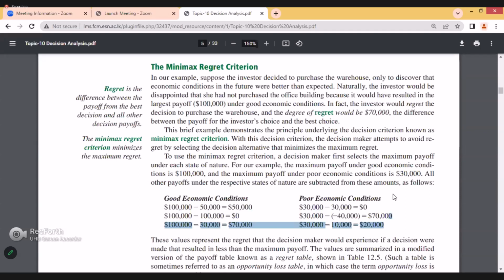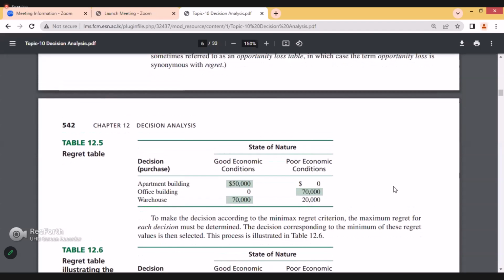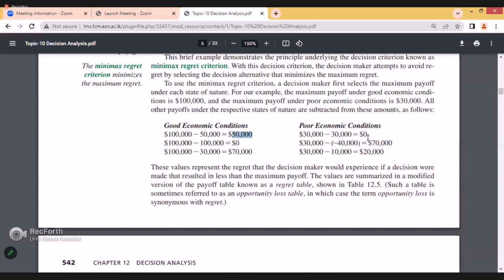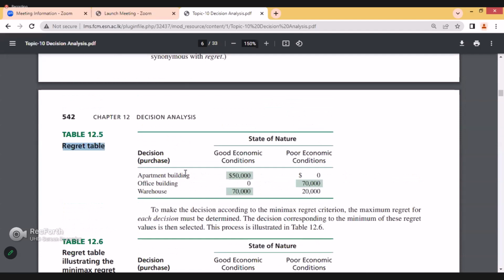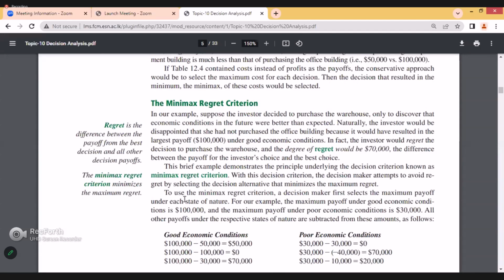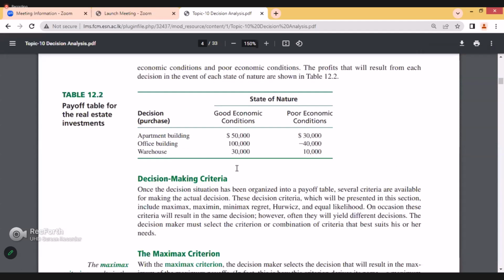So for the minimax regret criterion, we first develop these regret tables. As a summary of this calculation: 50,000, 0, 70,000, and 0, 70,000, 20,000. This is called a regret table. How to get a regret table? For each separate state of the events, consider the maximum and subtract the values. Here is the original table.